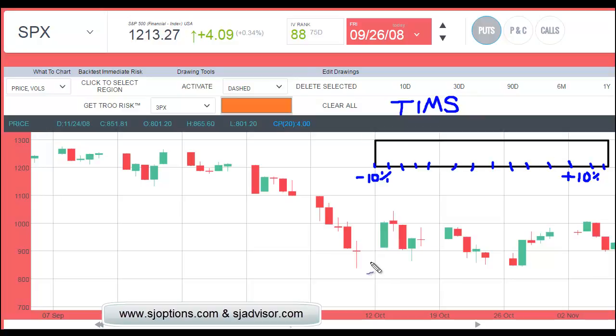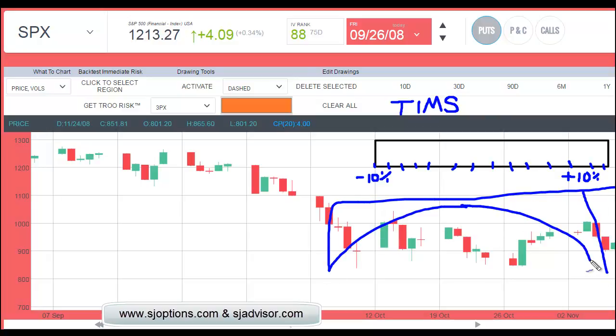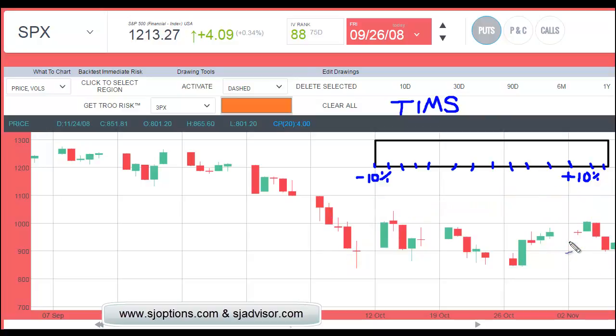This is essentially how it works. Let's say you had a condor trade, and your day step line looks like that. It'll measure 10% up, 10% down, and then it might locate this point as the greatest risk, and that'll be your margin. A strangle type of trade could look like this.